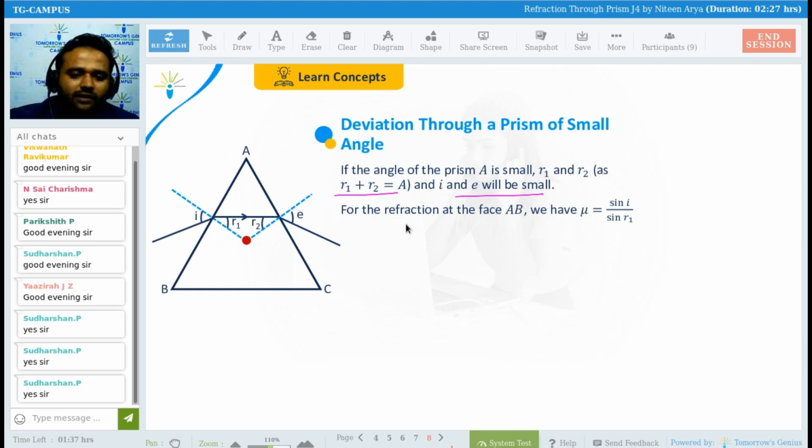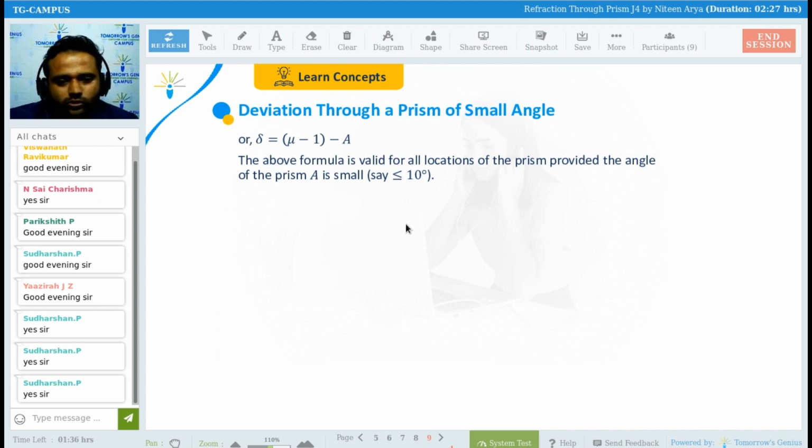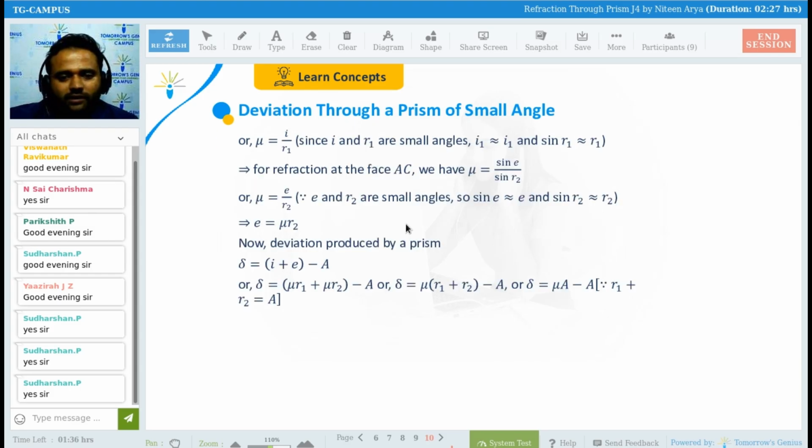Mu equals sin I by sin R1, and the angle of deviation is going to be (mu minus 1) of A. The above formula is valid for all locations of the prism provided the angle of the prism A is less than 10 degrees. That is just the written format of what we already did.